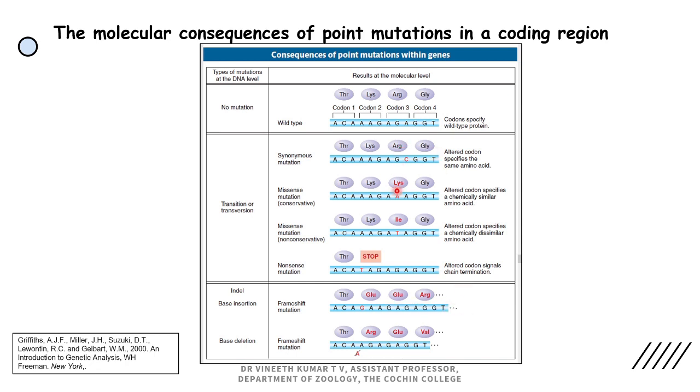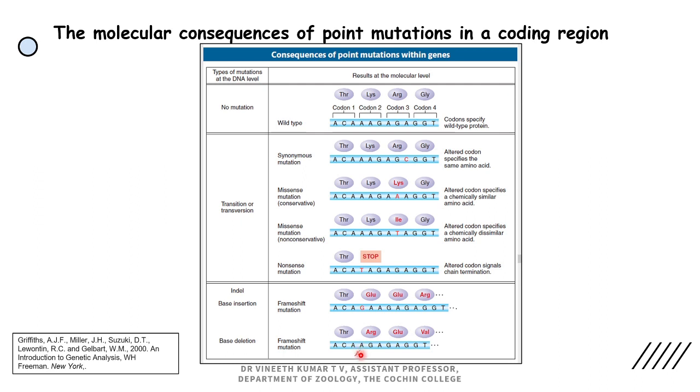So here you can see that in a substitution, only the substituted codon has the problem. The other ones are unchanged. But here, because of insertion, from the point of insertion downstream, all the amino acids are changed. That is why it is called a frame shift mutation. The same thing happens for a deletion. Here an adenine is deleted.